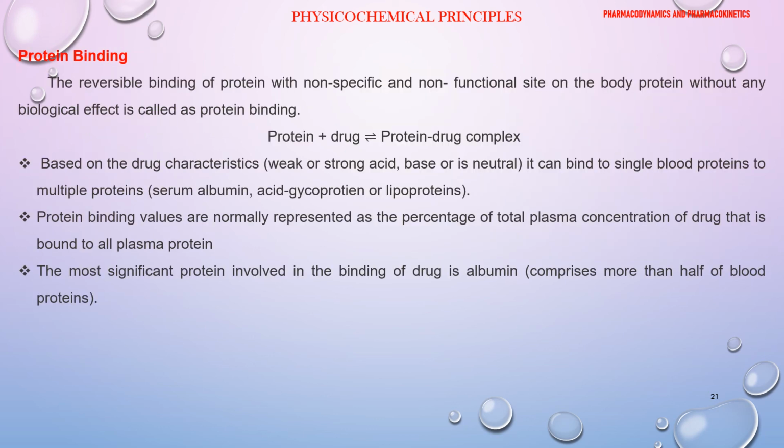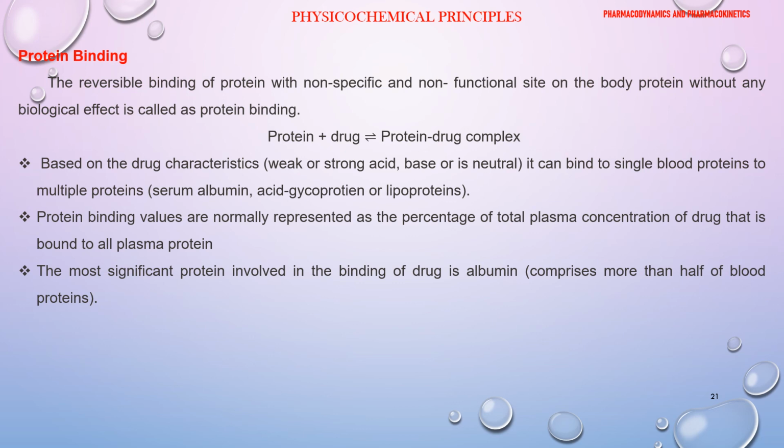Another physicochemical property of the drug is its protein binding capacity. The reversible binding of a drug with non-specific and non-functional sites on a body protein without any biological effect is called protein binding.